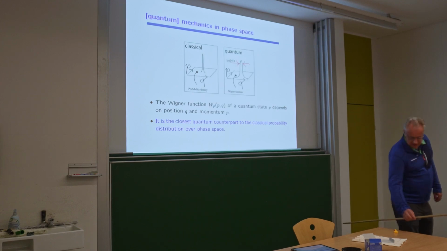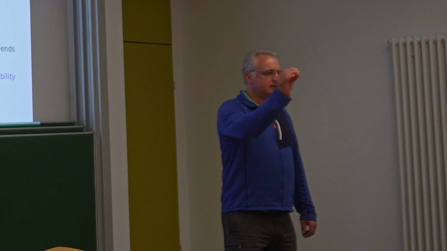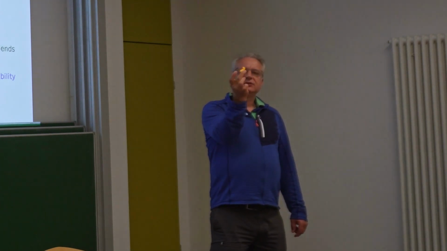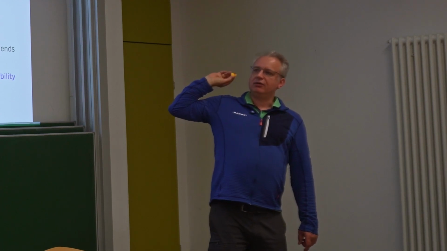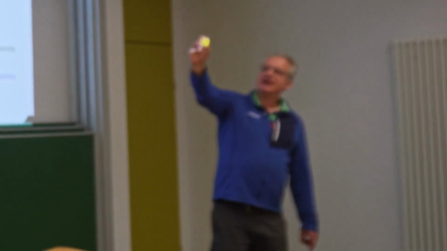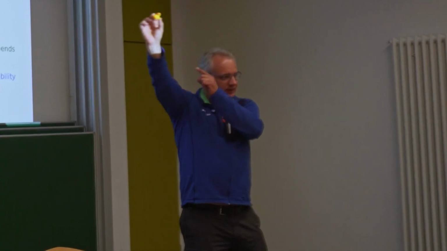So remember statistical classical mechanics, probably some time back. This little duck here is a good approximation to a point in space, and you can throw it. I will not break it, but I will not throw it. If you throw it, at every moment in time it has a position, and it also has a momentum. And you can plot that in phase space.